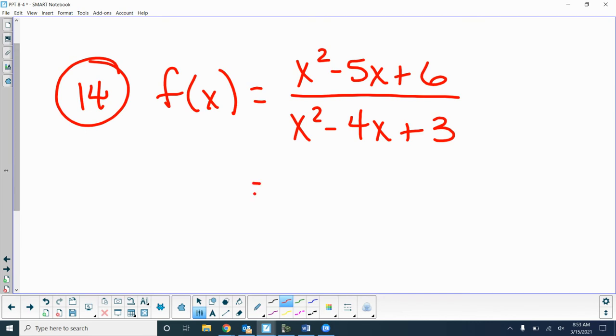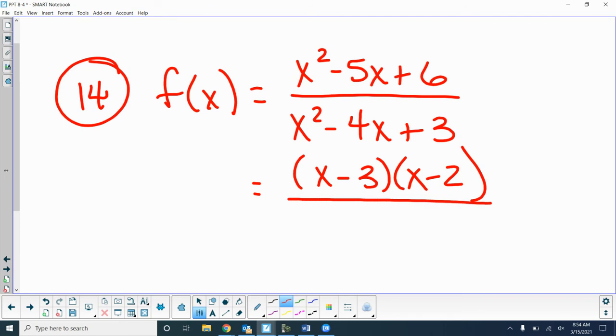So I've got x minus 3 times x minus 2 for the top. Negative 3 times a negative 2 is a positive 6, and when I add those two numbers, I get negative 5. And then the bottom is minus 3 and a minus 1. Negative 3 times negative 1 is positive 3, and when I add them, I get negative 4.